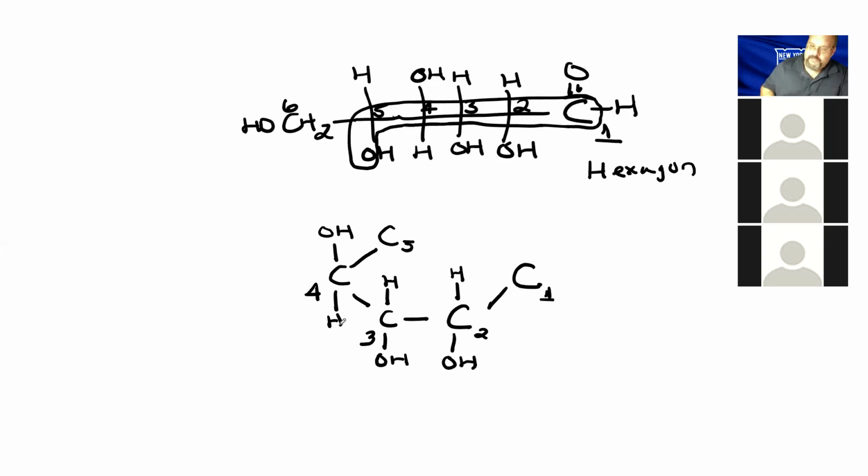And what happens is that rotation takes place on the last chiral carbon before the ring forms in order to get this oxygen right here in proper position for the ring to form.